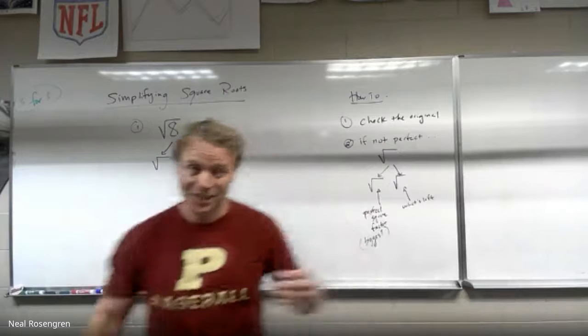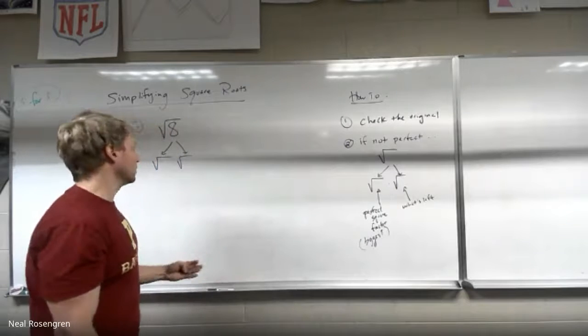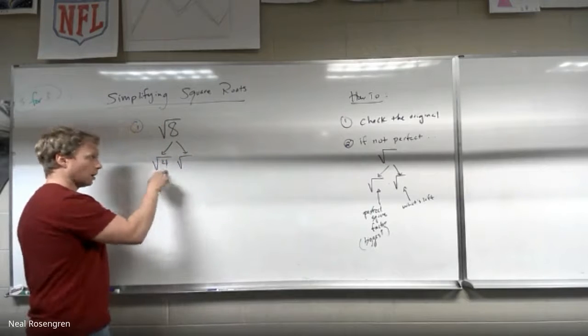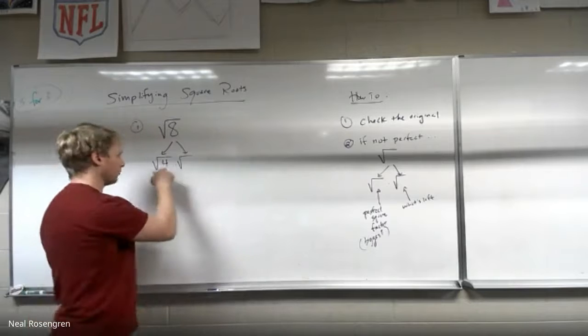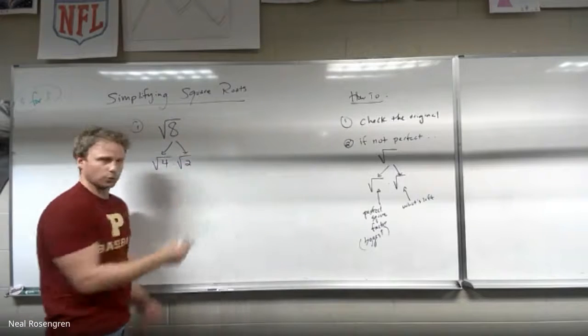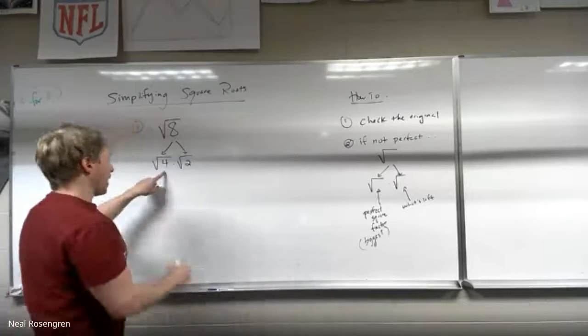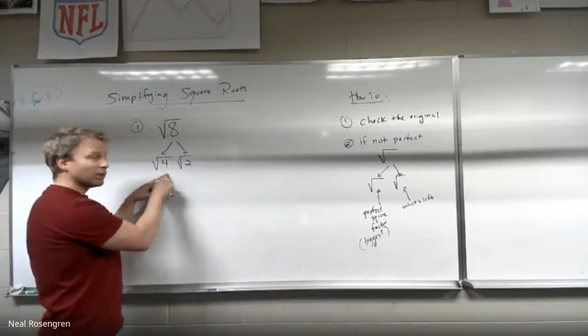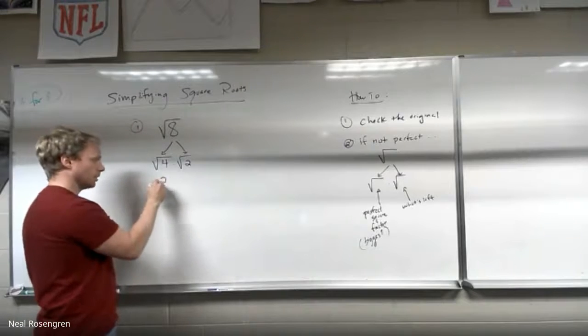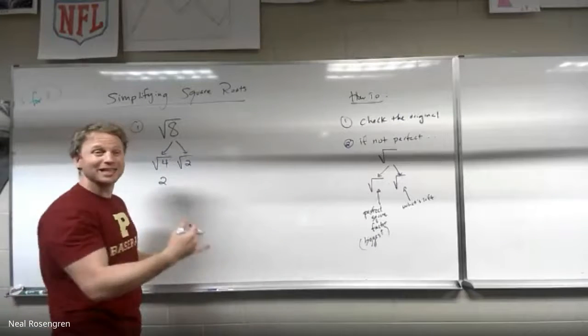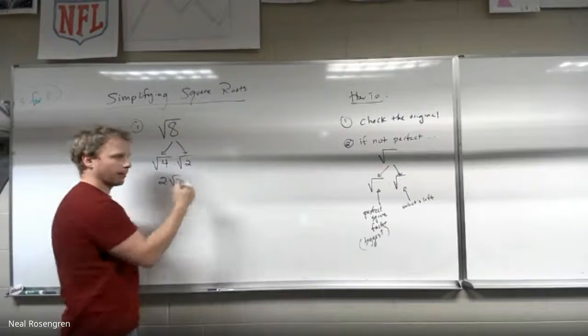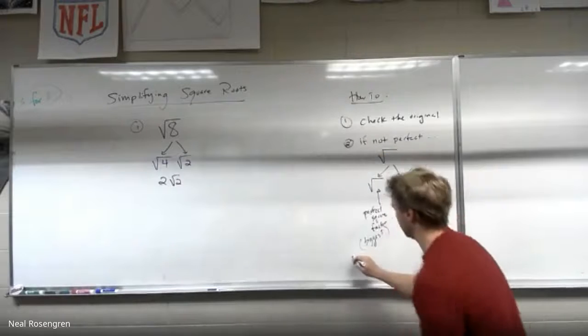The biggest perfect square factor that goes into it, like 4 goes evenly into 8. Okay, 4 times what? Well, 4 times 2, right? Then I can simplify this first one, get rid of the square root, like actually take the square root of 4 and just kind of bring that one down with me. So that'll kind of be my last step.